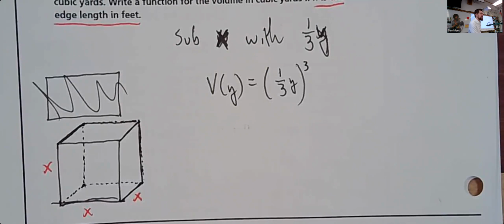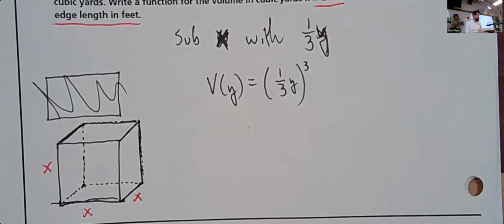So what is 1/3 cubed? 1/3 cubed is 1/3 times 1/3 times 1/3. Let's not use a calculator yet.